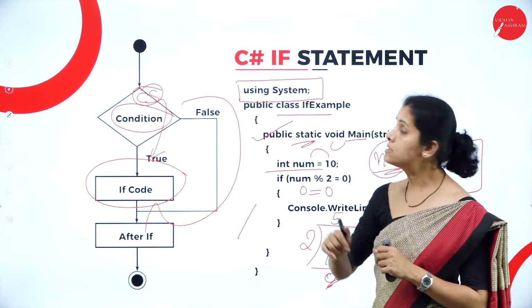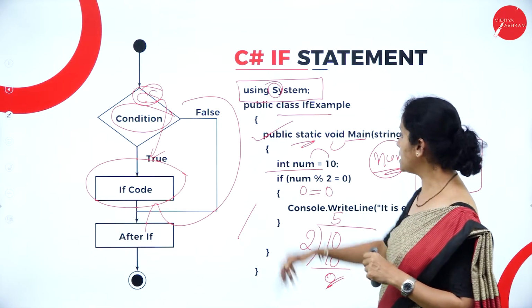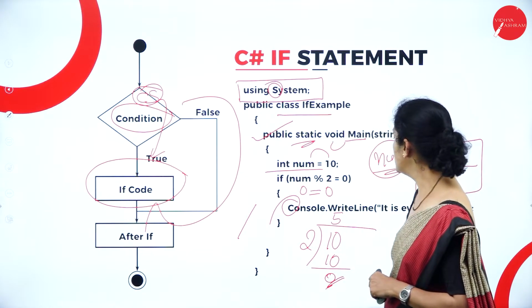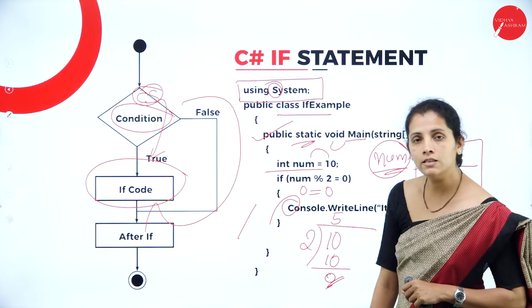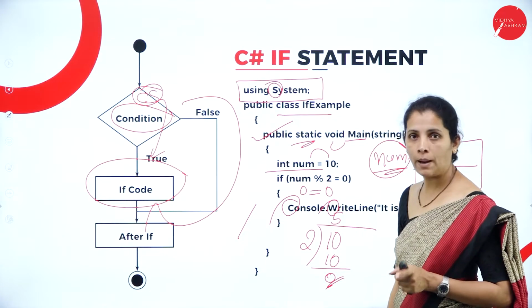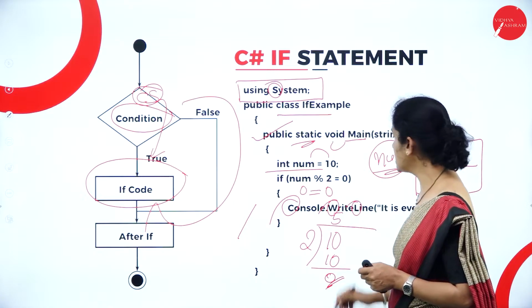If I consider System, in System, S is a capital letter. If I consider Console, C is a capital letter. And if I consider the method WriteLine, W is a capital letter, then L is a capital letter.